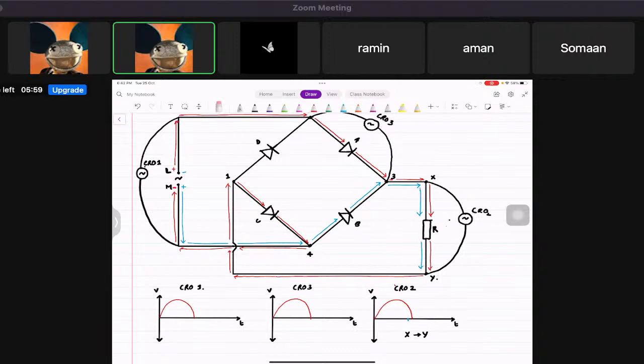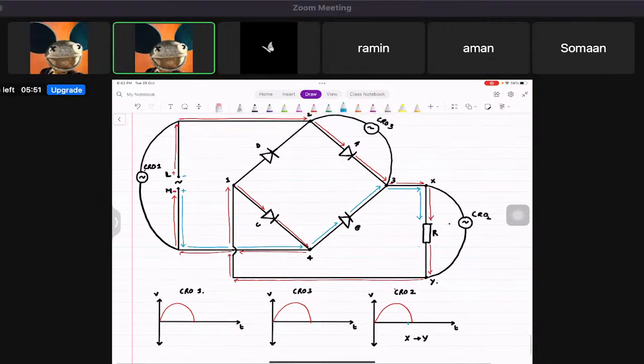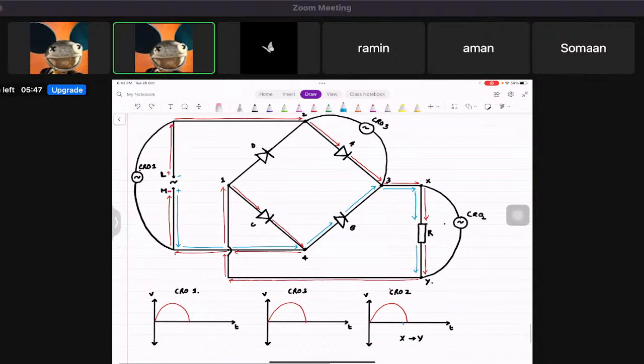You get my point? So now it will go towards, like it has gone here, so it has gone there. Now it will go right here, and from here it will turn this way, and it will go this way.